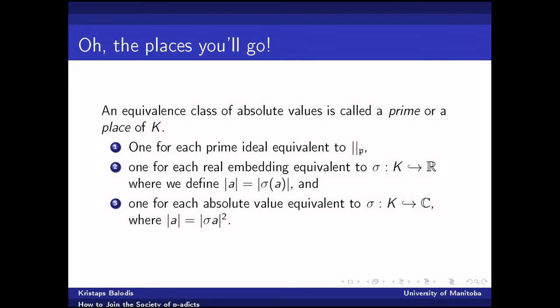It turns out that these are all of the topological equivalence classes that you get, and they're all distinct. That is, the equivalence classes coming from the norms of each of the prime ideals are distinct from each other and distinct from those from the embeddings. The real embeddings are all pairwise distinct. The complex embeddings are all pairwise distinct and, again, distinct from the other possible places.